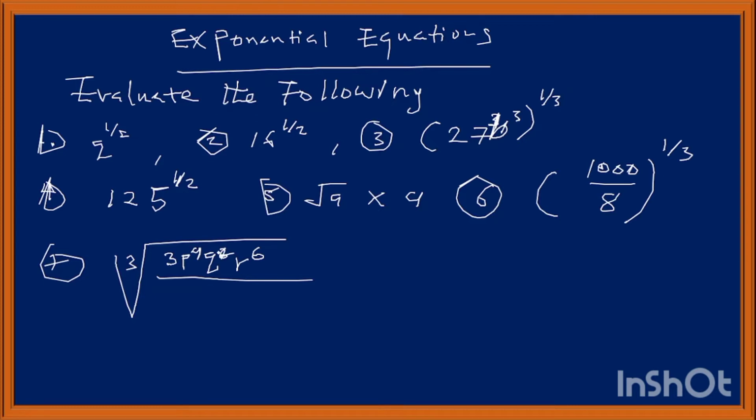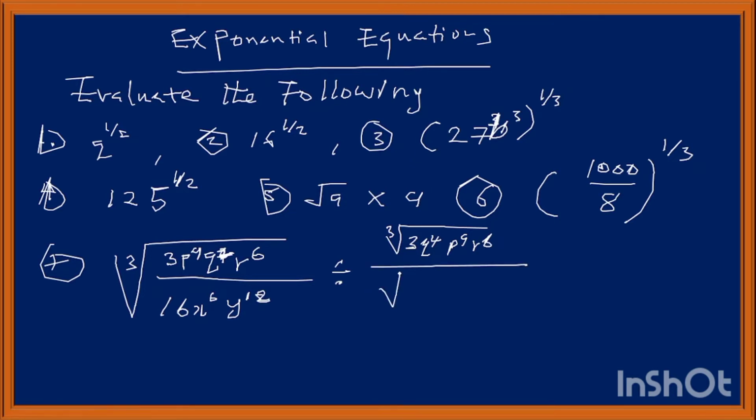Now q to the power of 7, 16x to the power of 6, and y to the power of 12, divided by the cube root of 3q to the power of 4, p to the power of 9, and r to the power of 6, divided by the cube root of 54x to the power of 3, y to the power of 6.